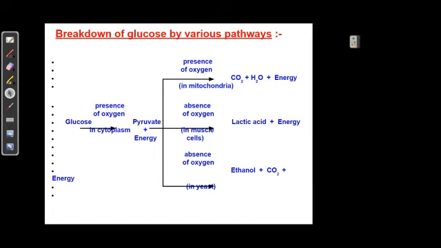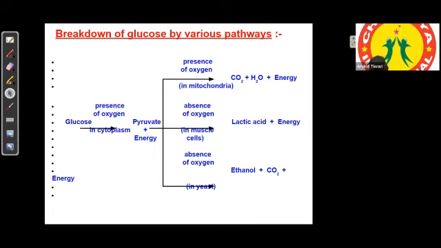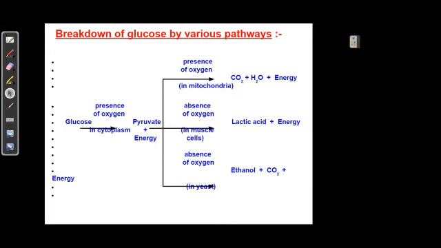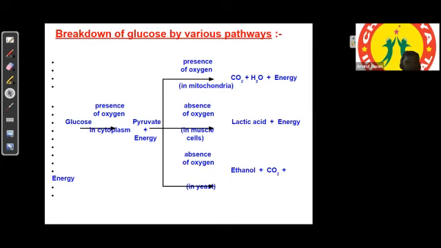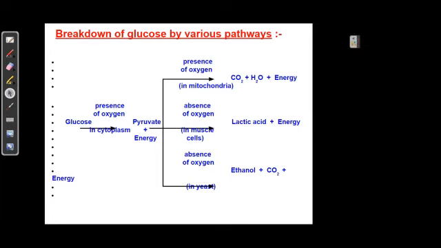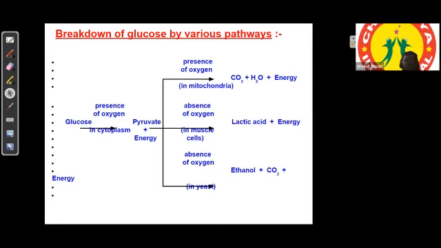Due to the formation of lactic acid, which stops the muscle movements. When they run, there is less oxygen, and due to that lactic acid is produced, giving cramps. The requirement of oxygen is not fulfilled, therefore the lactic acid is produced.